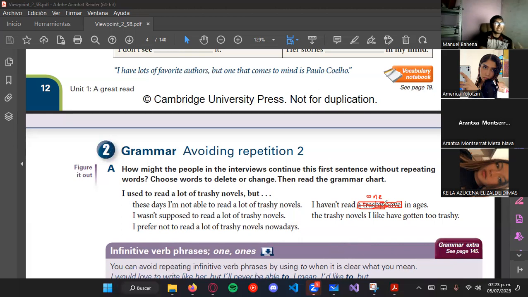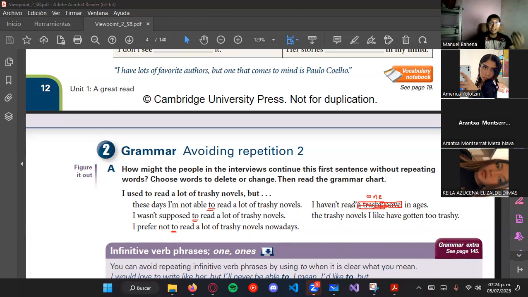Perfect. Here, different from these three, diferente de estas tres, we can use just the part of two, because it's not here. Aquí no podemos dejarlo hasta el two porque aquí no viene. It isn't here.